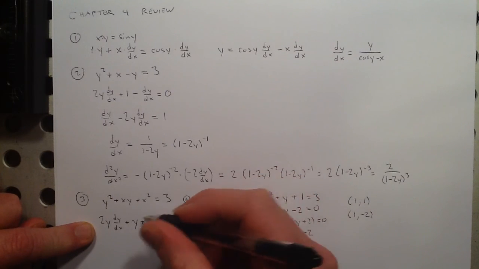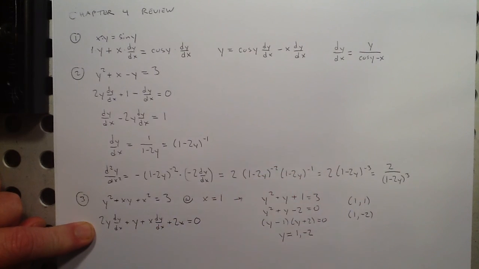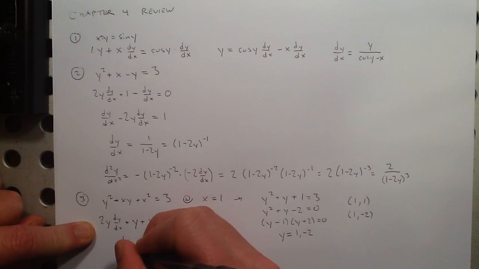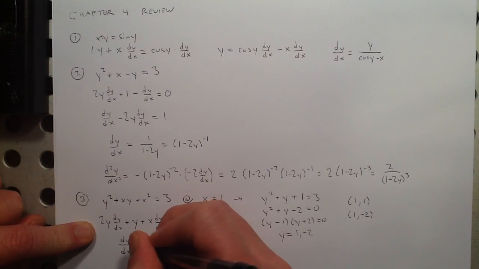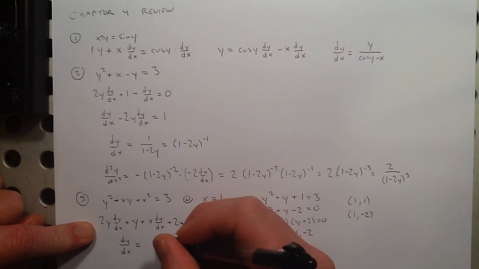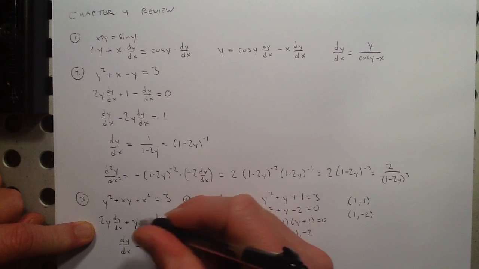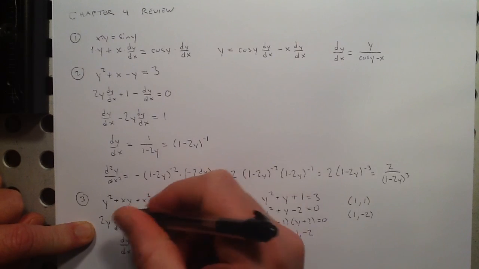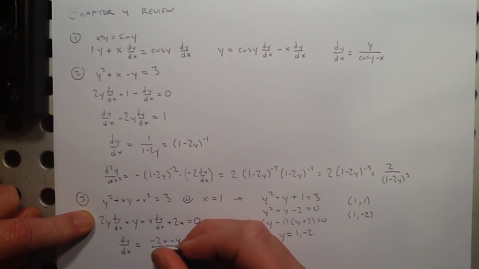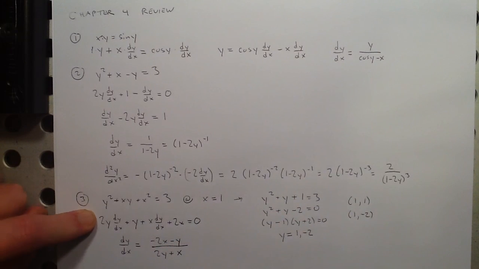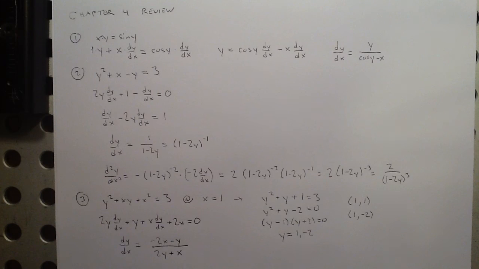And then consolidate and move stuff. I'm going to do that in one step, if you will permit me to do that. So the terms that would be moved to the other side, that would be minus 2x minus y over here. And then when I factor out the dy dx, I have to divide by 2y plus x. You can check those steps.